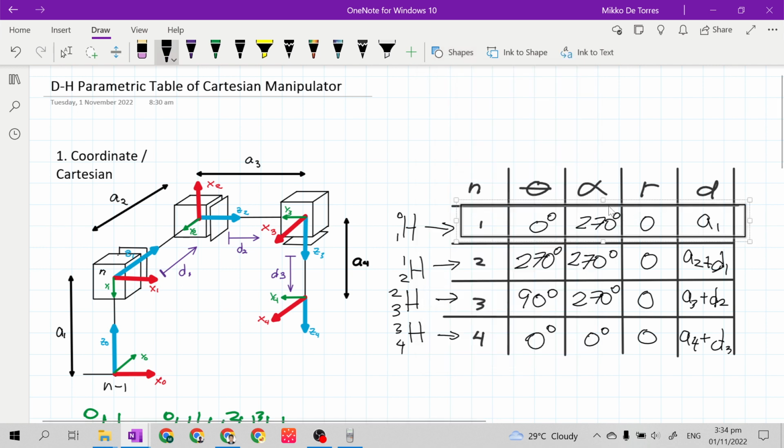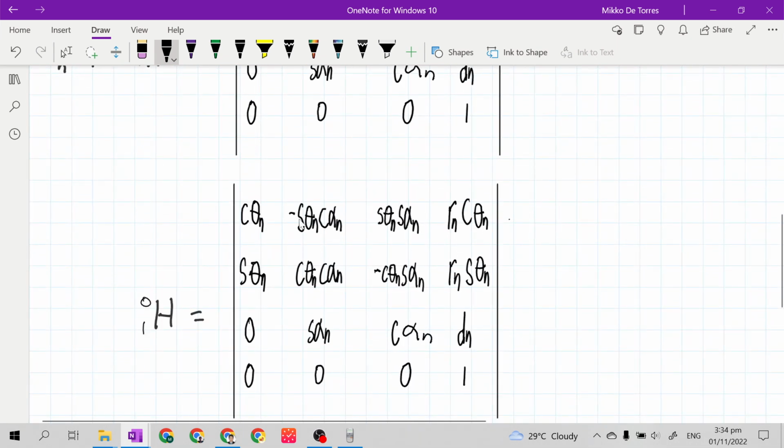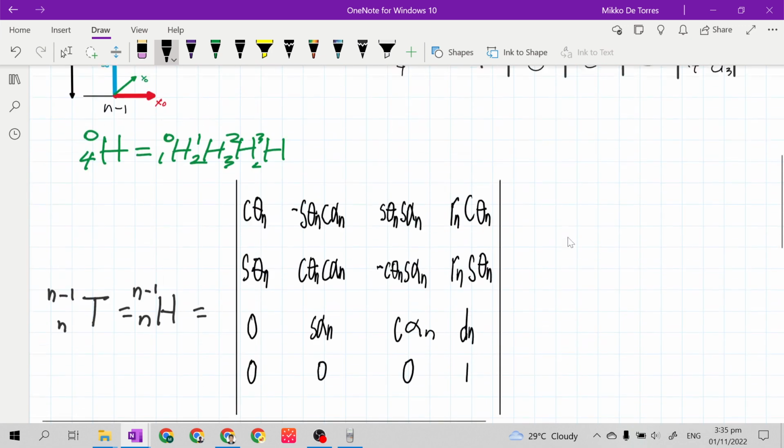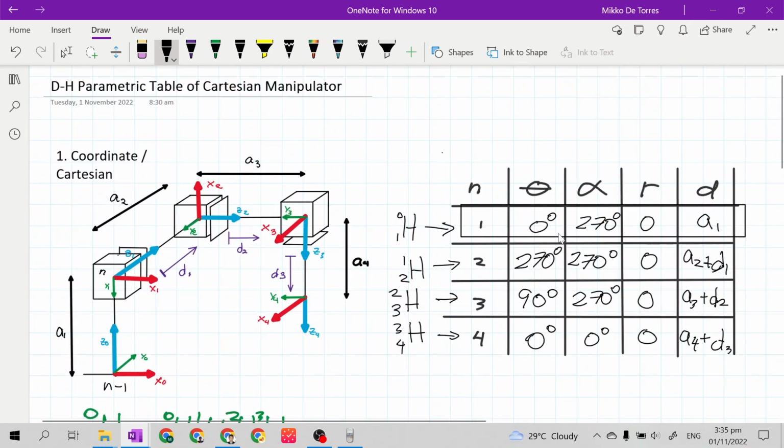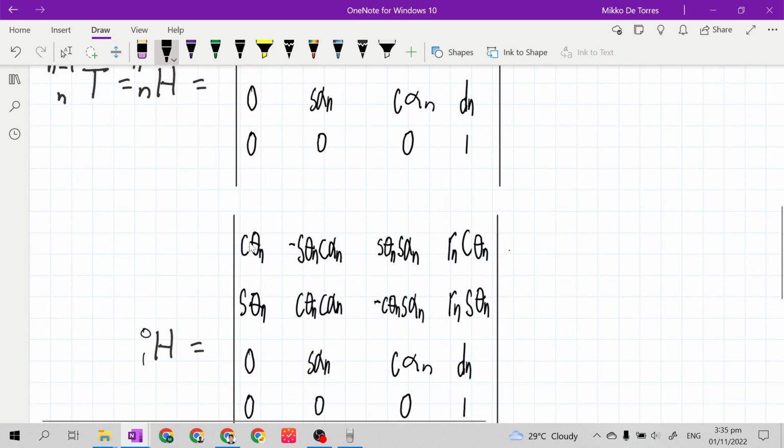So what we will do here is substitute the values of theta, alpha, r, and d in this standard formula of the homogeneous transformation matrix.